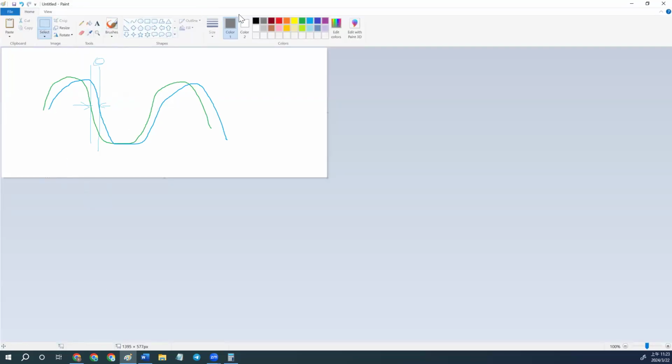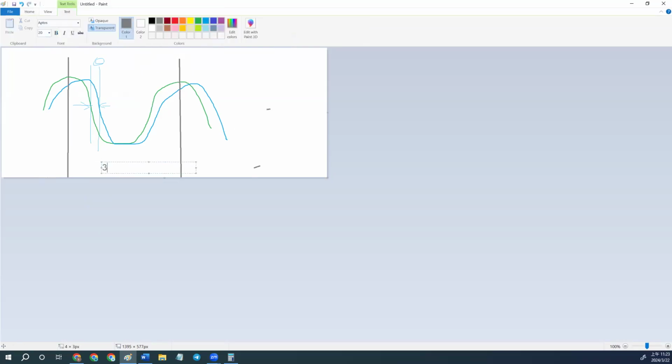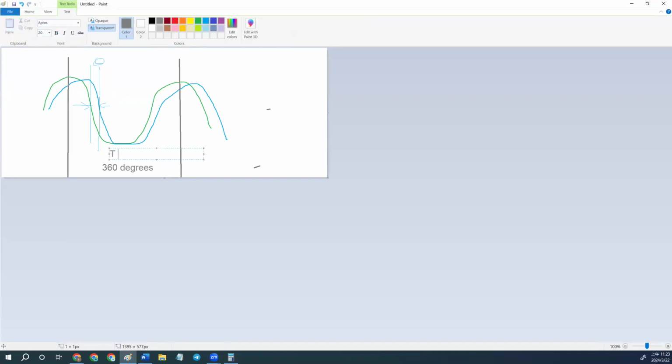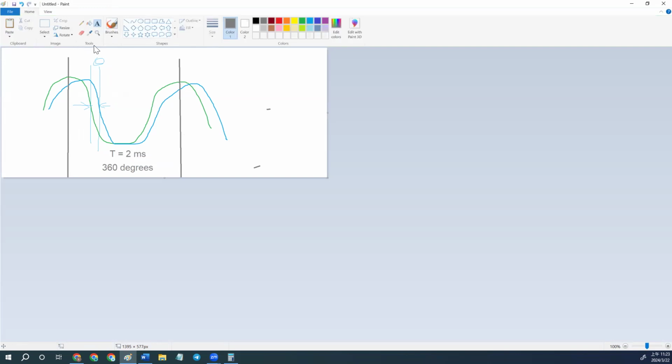Okay, choose from the peak. I'm going to measure the period from here to here, which is equal to 360 degrees. So this is 360 degrees for the green wave. Just remember, I'm looking at the green wave. At the same time, you're also calculating the period, saying it is 2 microseconds. So from here to here, it takes 2 microseconds.